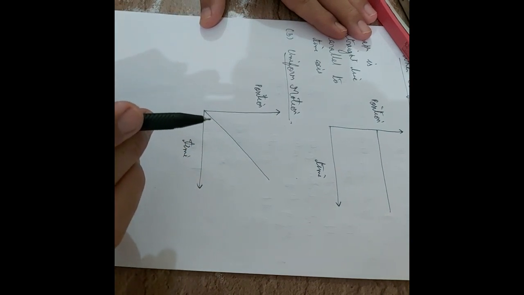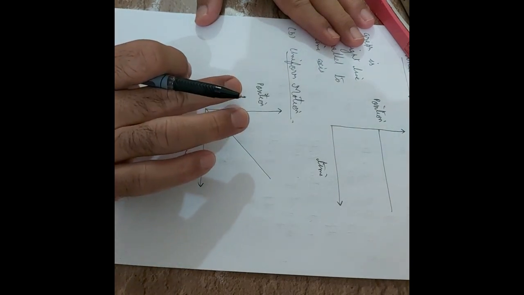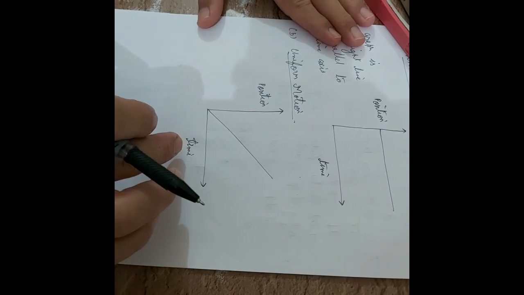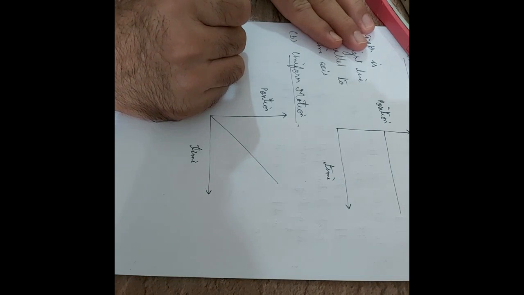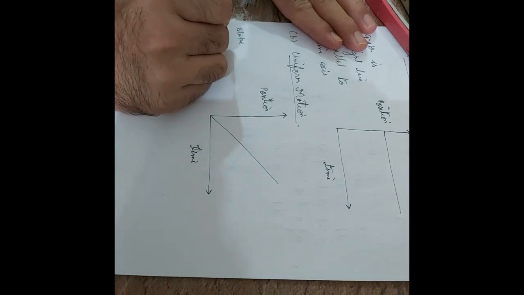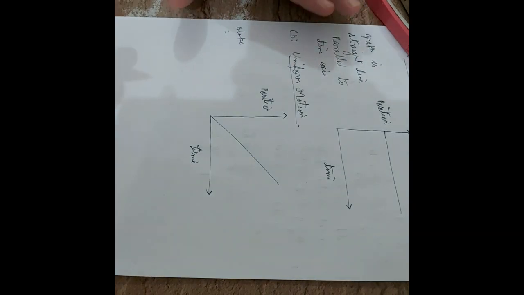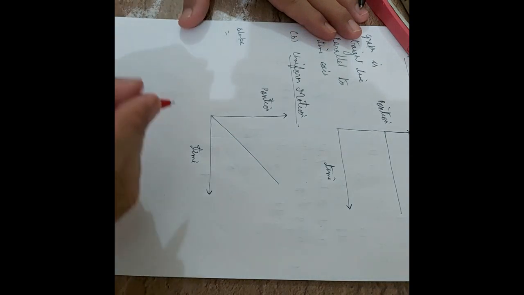Now there is one difference between the position time graph of uniform motion and the distance time graph of uniform motion. What is that difference? That difference is the slope. What is the slope? Let me do the marking of this graph.